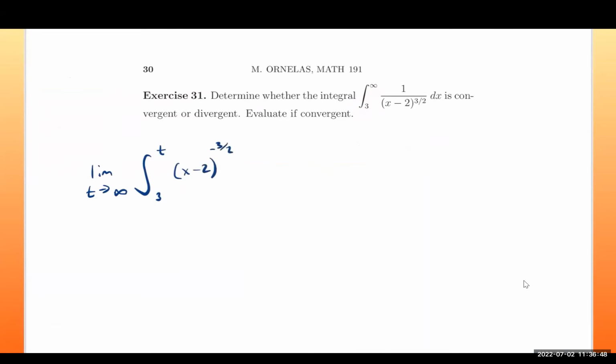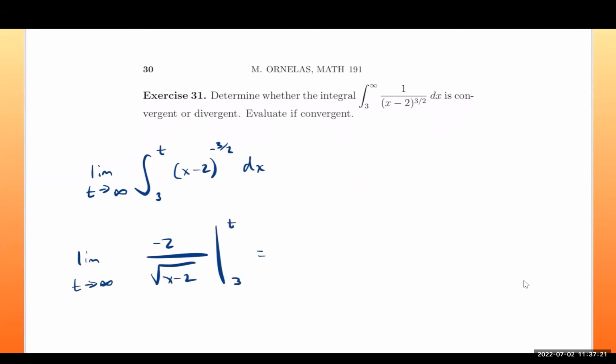And I'm going to rewrite this as x minus 2 to the negative 3 halves, just for the sake of integrating. It makes it easier to integrate. If you find the antiderivative, you'll see that it's going to be negative 2 over radical x minus 2. And we're still taking the limit as t approaches infinity from 3 to t.